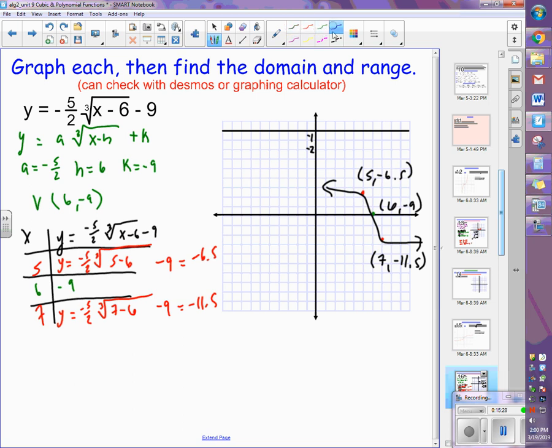So let's talk about the transformation. H is 6, so that went right 6 units. K is negative 9, so it went down 9 units. We have a negative value for a, so when it's negative, that reflects over the x-axis.